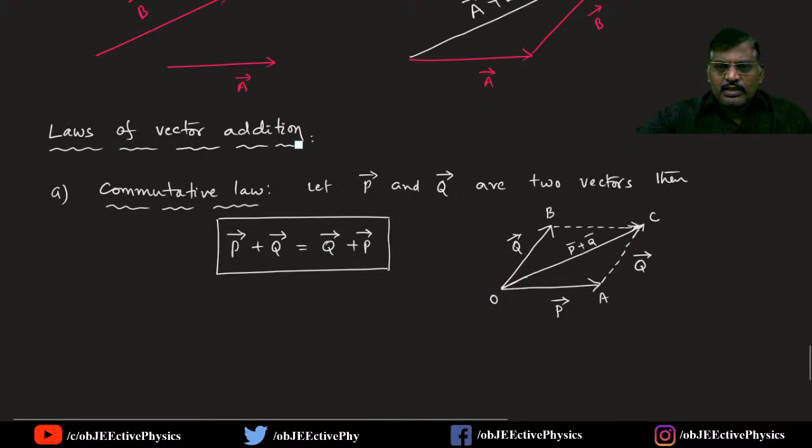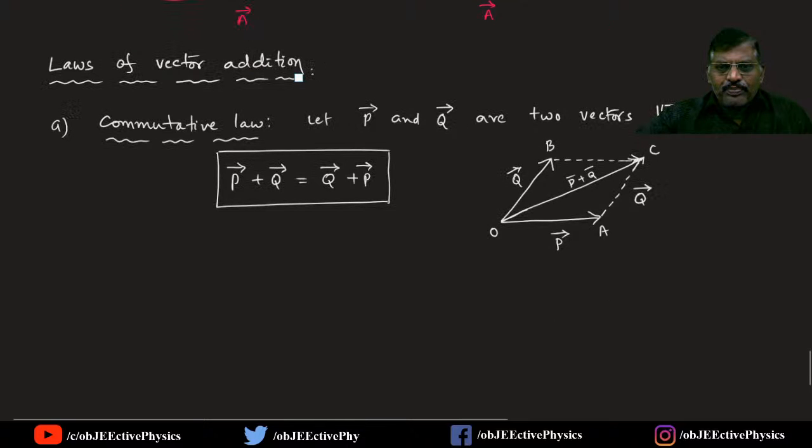Okay, students, we continue. So this is the commutative law. Either we can take P bar as the first vector and Q bar as the second vector, and OC gives P bar plus Q bar, or OB, Q bar is taken as the first vector, and BC, that is P bar, is taken as the second vector.